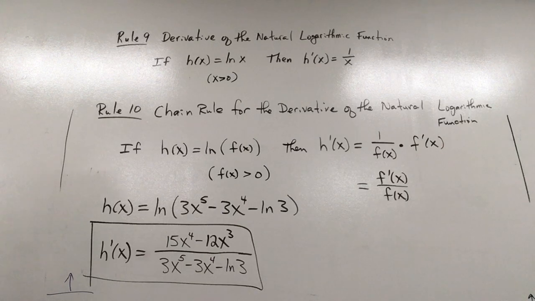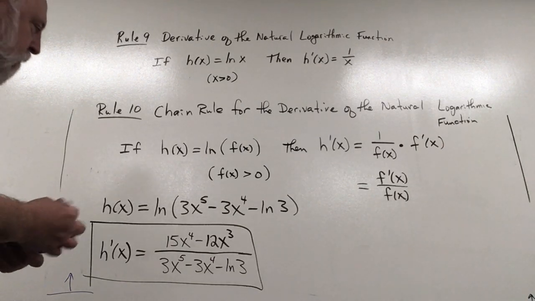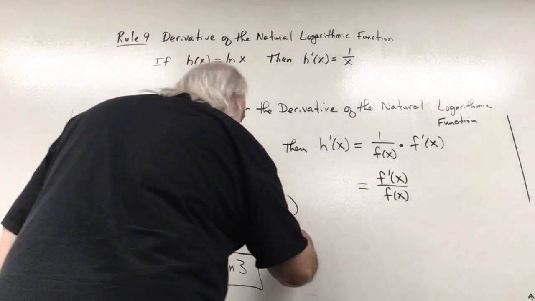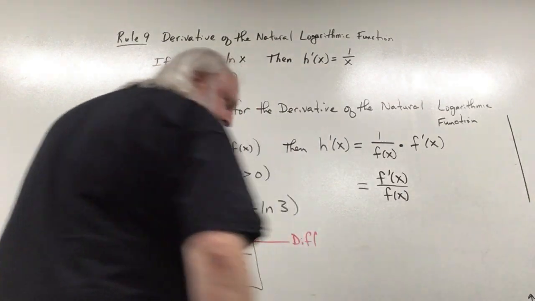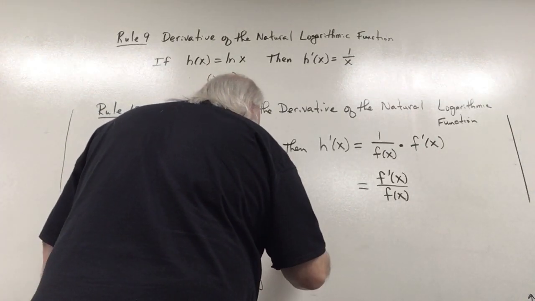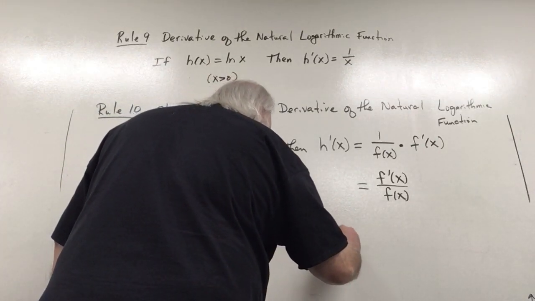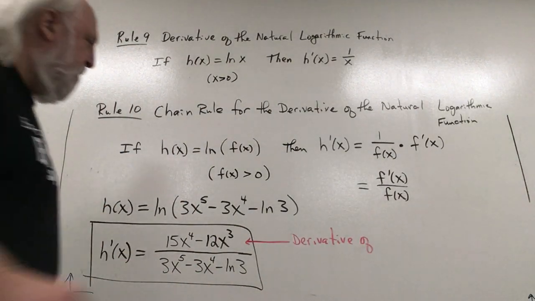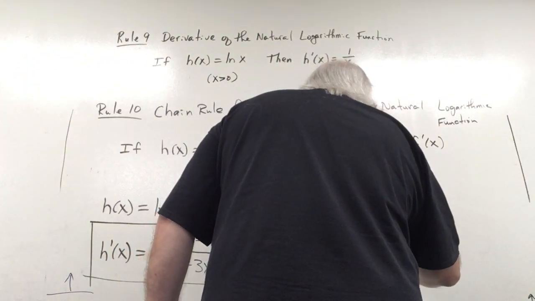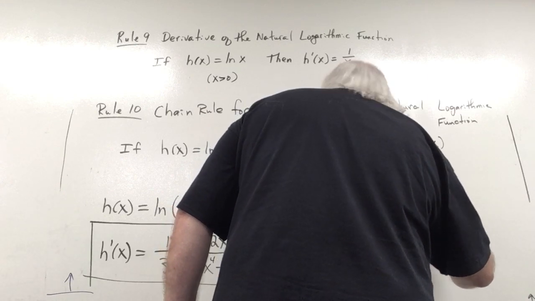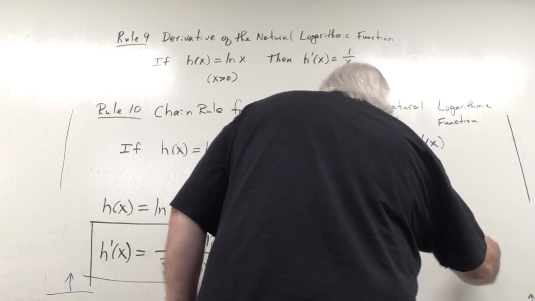Okay? And so I didn't do it on the previous example, but let me write it on this example. This in the numerator, writing it in red, is the derivative of what's inside the parentheses: 3x to the 5th minus 3x to the 4th minus the natural log of 3.